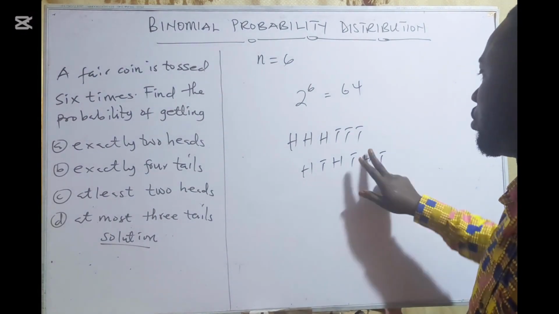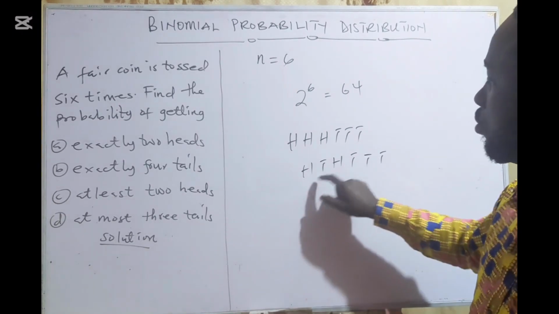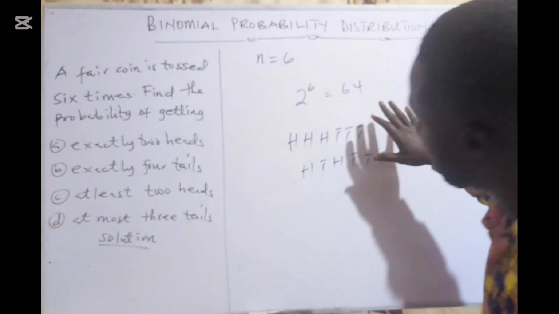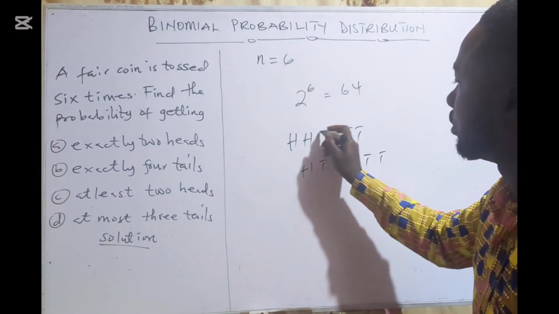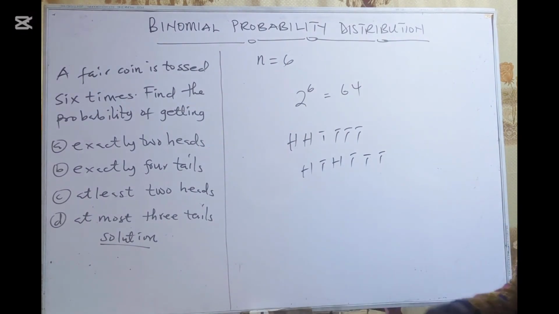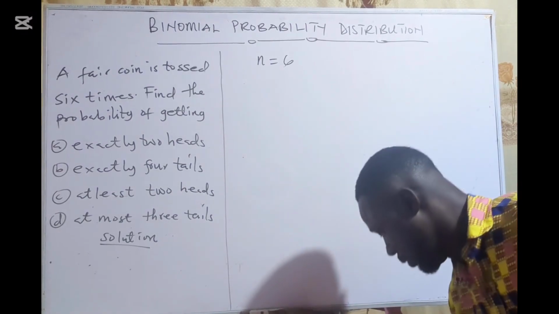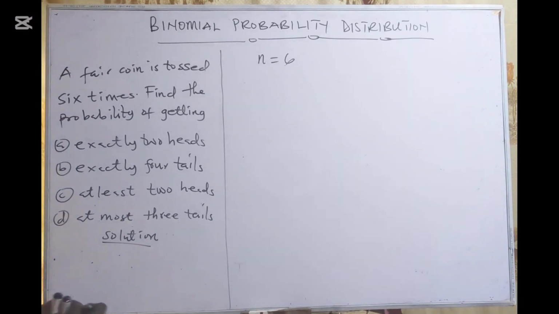So exactly 2 heads, it can be something like this, where you will see only 2 heads in tossing of the coin 6 times. So this can be an example. The example can also be like this, where you see only 2 heads, but there are 6 tosses.